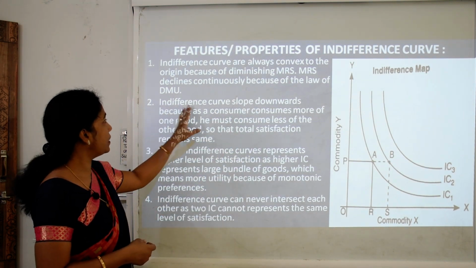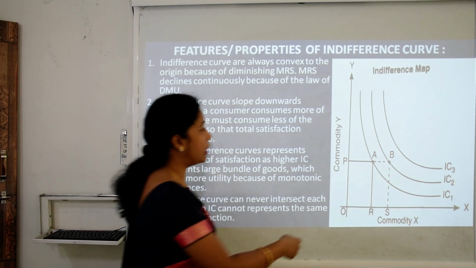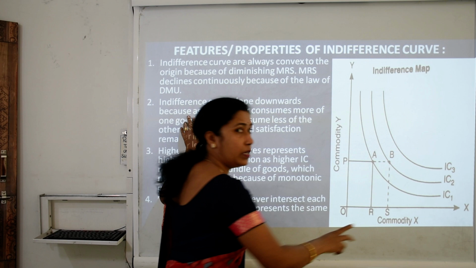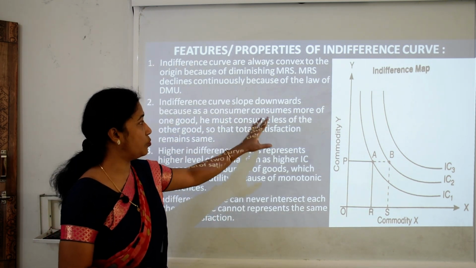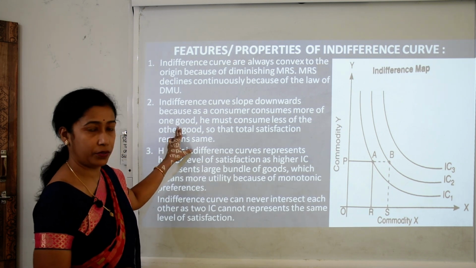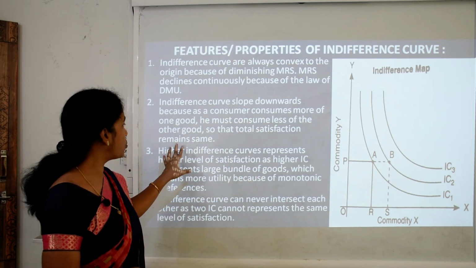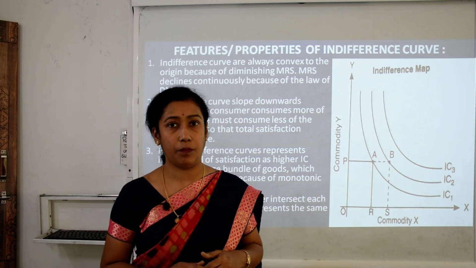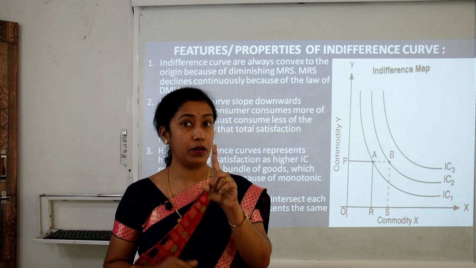Second is that indifference curves slope downwards. That means we notice that this indifference curve is sloping downwards because as a consumer consumes more of one good, he must consume less of the other good so that his total satisfaction remains the same. In the case of apples and oranges, we saw that when he was consuming one apple, he consumed 10 oranges.